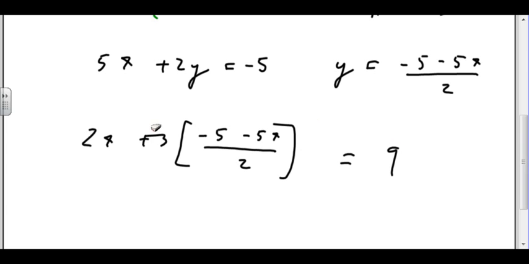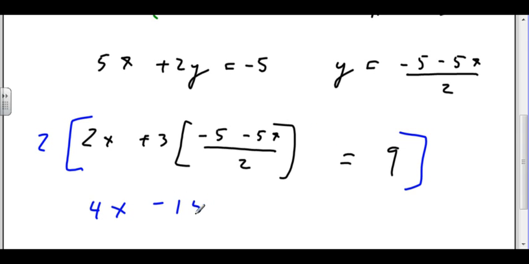Okay, let's see. Looking good. I really don't like the 2 sitting there, so I'm going to multiply both sides of the equation by 2. And I'm going to get 4x minus 15 minus 15x is equal to 18.